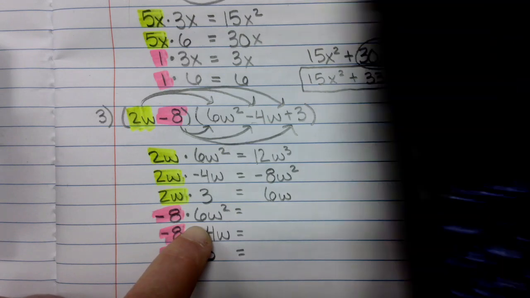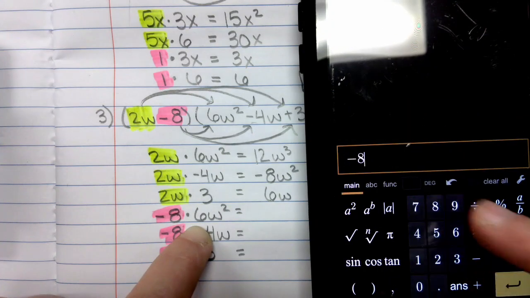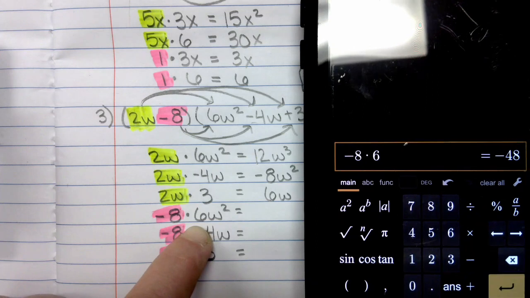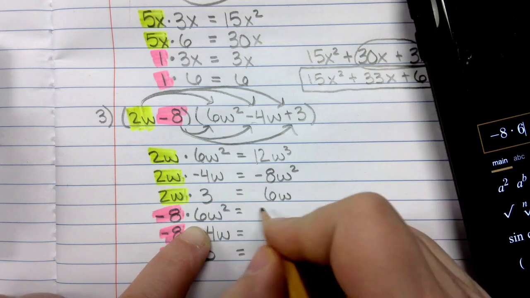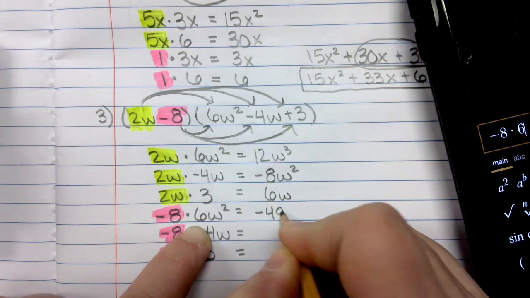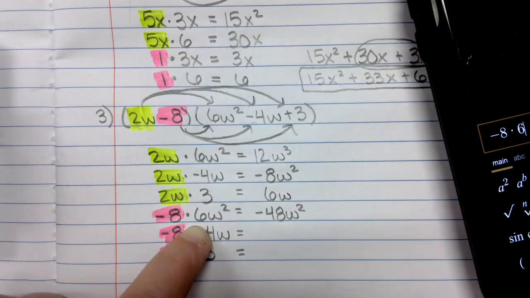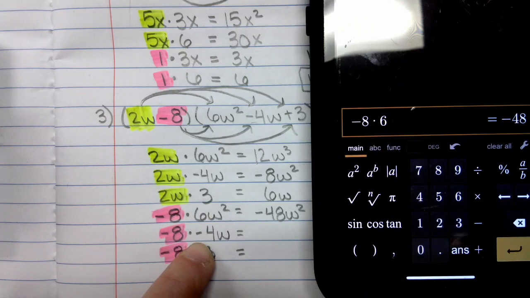So negative 48. Did you say that? Yeah. I missed it, sorry. Negative 48w squared. Negative 8 times negative 4. Positive 32. That one has a w. And then negative 8 times 3.